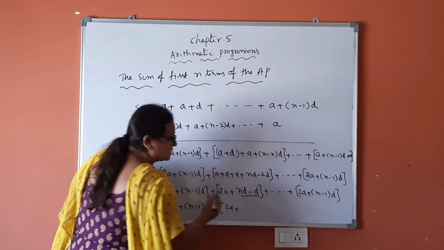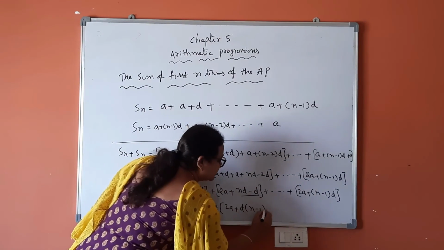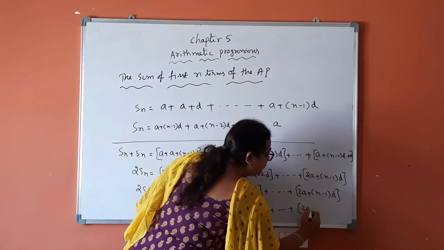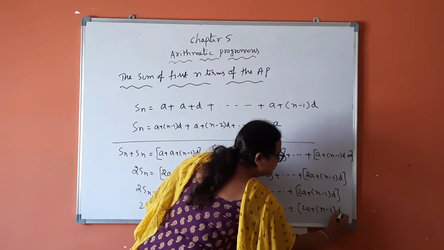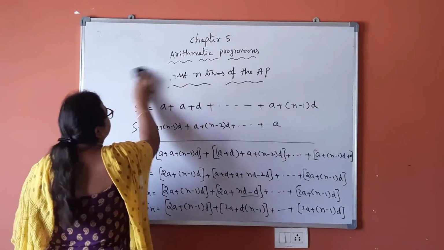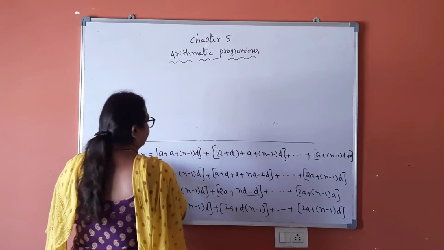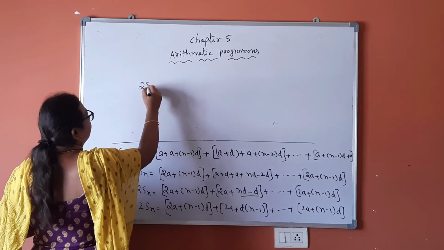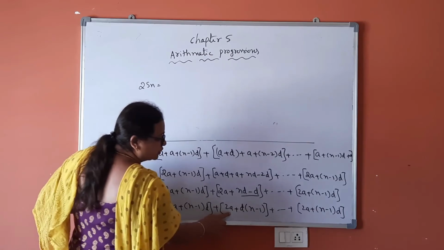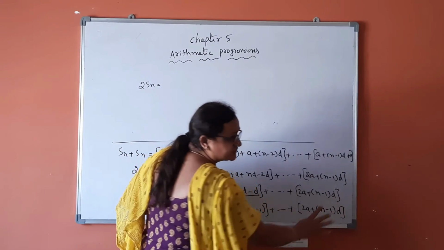From these two terms take d as common factor, d into n minus 1 minus n minus 1, which cancels. So 2Sn is equal to 2a plus n minus 1 into d plus 2a plus n minus 1 into d and so on.